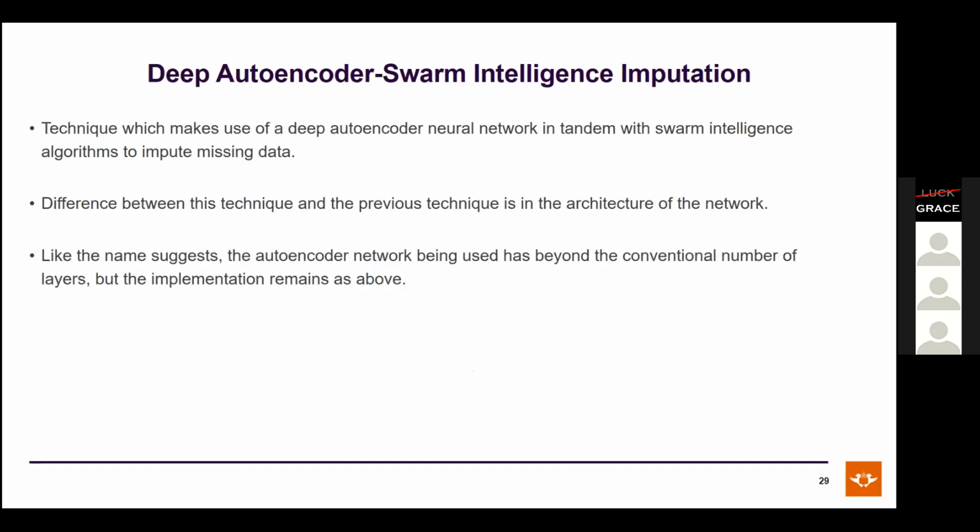So having spoken about autoencoder swarm intelligence imputation, we actually have deep autoencoder, compared to your narrow autoencoders, just the one hidden layer sort of architecture, which we'll see subsequently.